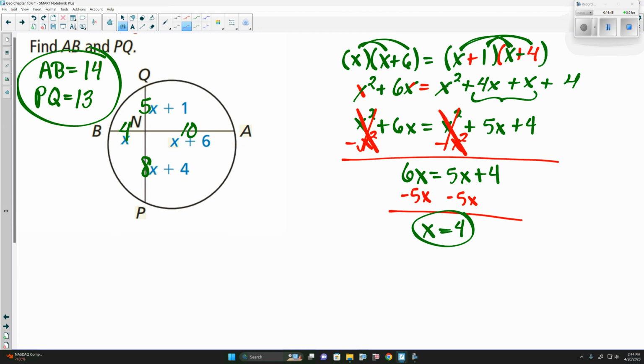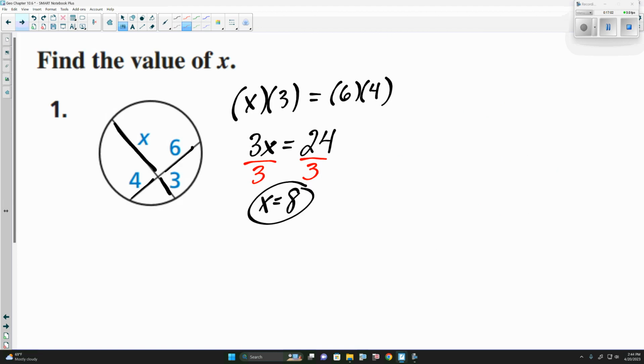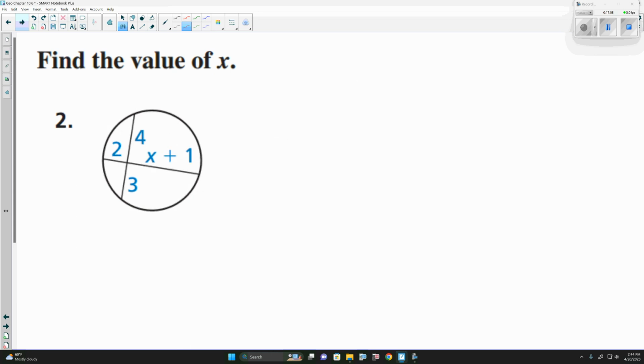Because QP is offset from the center, it has a different length than the other. Any other questions on these here? Yeah, because this would be 10 and 11. Any other questions on these here? Do we feel comfortable with these here?